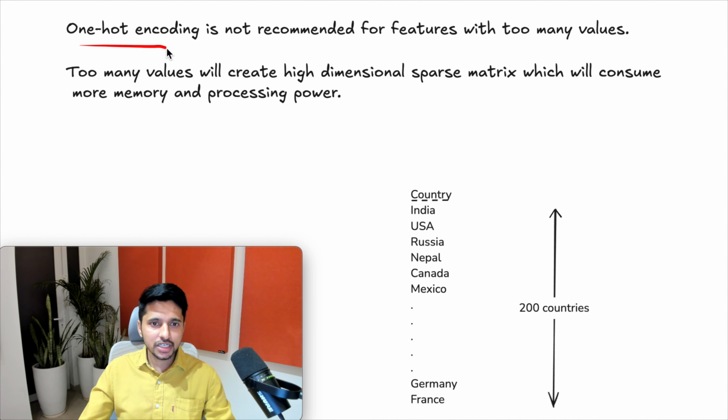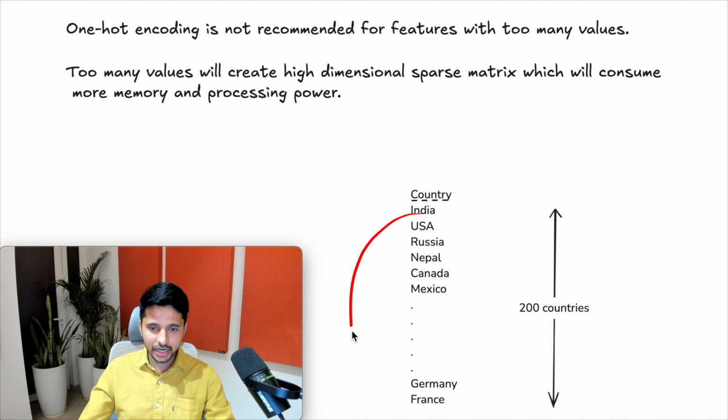So one hot encoding is not recommended for the features with too many values. Too many values will create a high dimensional sparse matrix which will consume more memory and processing power. So for example, we have the country column, right? In that we can have 200 different countries, as you can see.